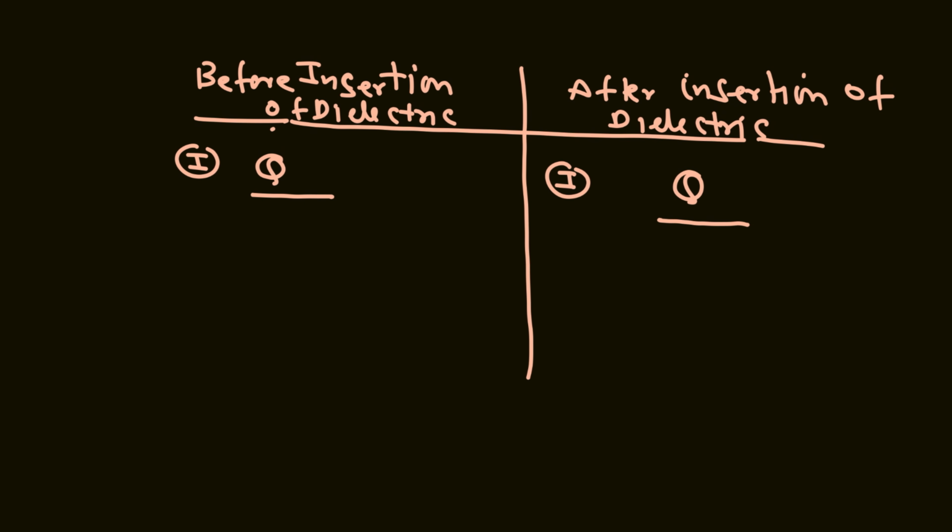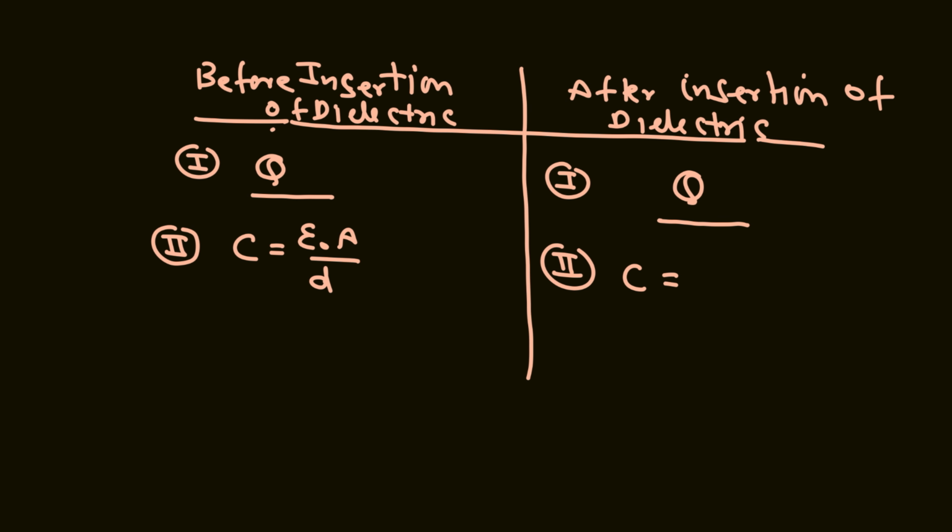Then the second property I am going to check is the capacitance. Capacitance before is C equal to epsilon naught A by D, and after it becomes K epsilon naught A by D. This is the initial capacitance and this is the final.